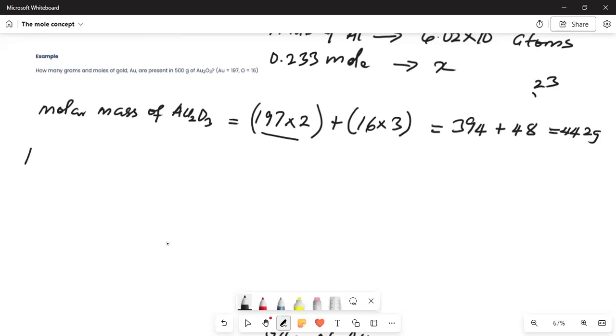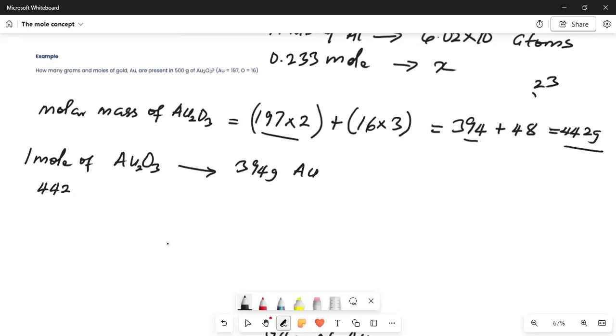That is, 1 mole of gold oxide contains 197 times 2, which is 394 grams of gold. Now this 1 mole is of course 442 grams. That is, 442 grams of this gold oxide is the one that contains this 394 grams of gold. Then what would 500 grams contain? 500 grams of gold oxide will contain X.